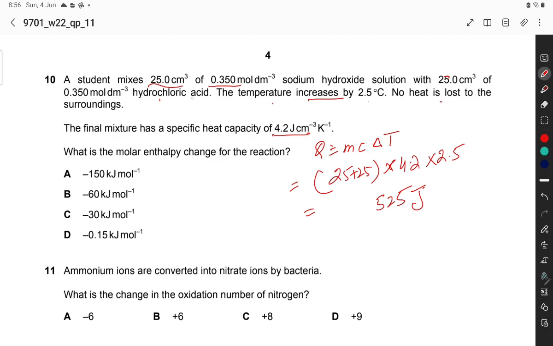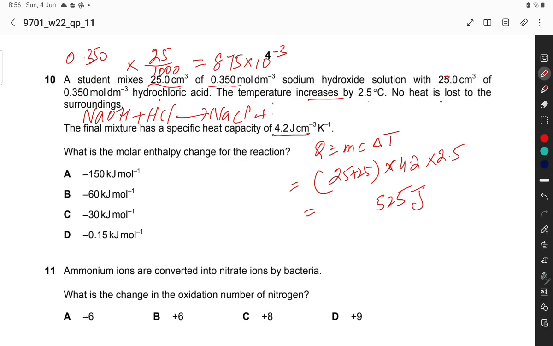Now calculate the moles of sodium hydroxide. 25 divided by 1000 into 0.350. This is equal to 8.75 into 10 raised to minus 3. So reaction is sodium hydroxide plus HCl to form sodium chloride plus water.